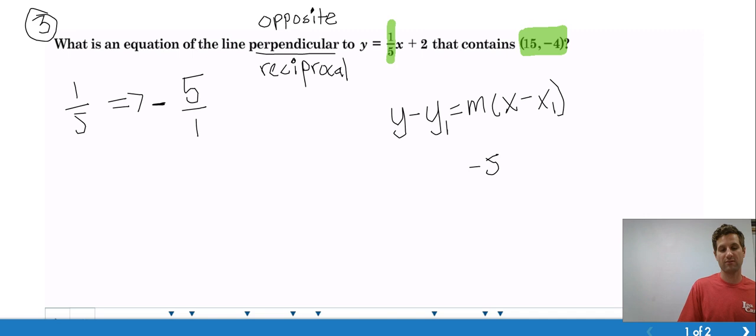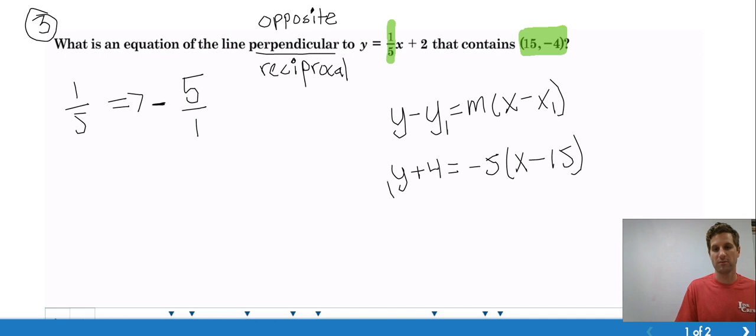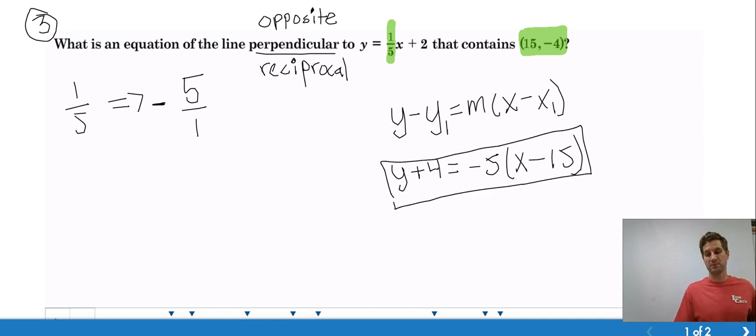So I'm going to plug in -5. And if you multiply -5 times 1/5, you get -1. That would be the product. We plug in x minus 15 equals, and this is going to be y minus a -4, which makes it positive. And I'm not going to solve this one for y equals mx plus b form, but we could.